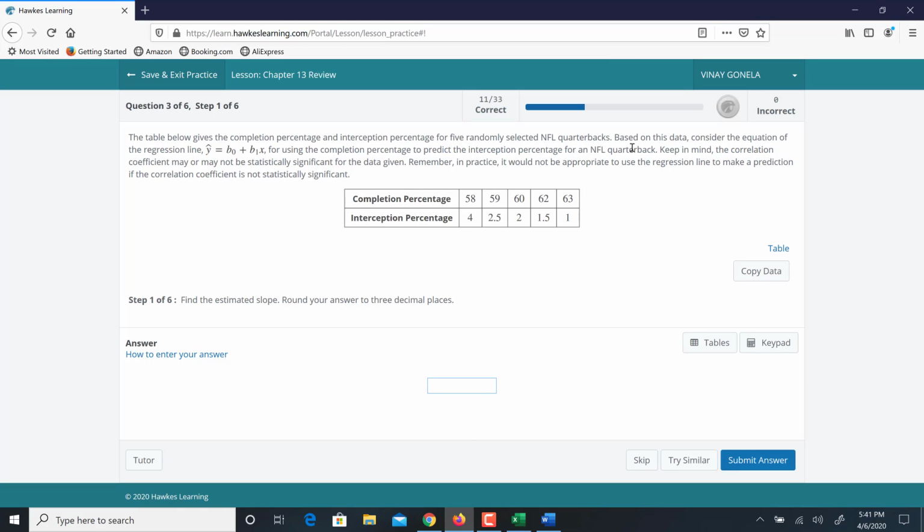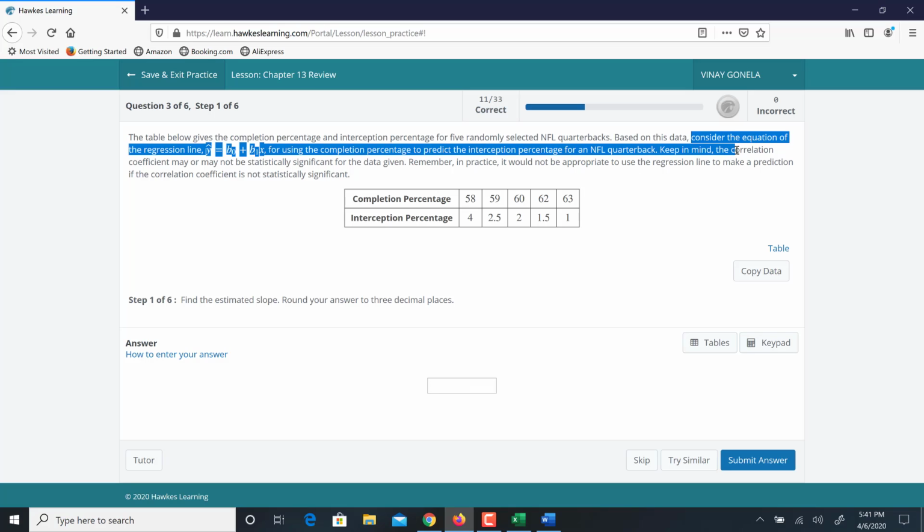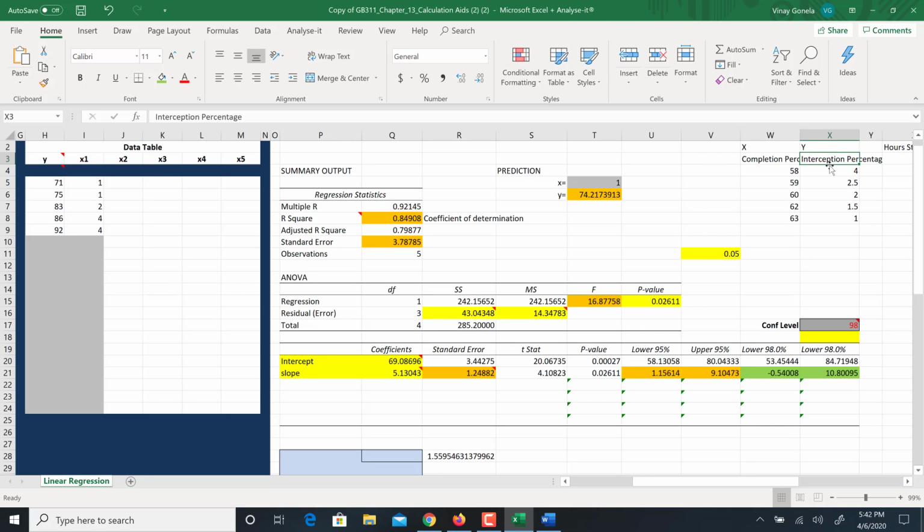They are saying, based on this, consider the equation of the regression line for using completion percentage to predict the interception percentage of the quarterback. So we are using completion percentage to predict interception. So y will be interception and x will be the completion percentage.